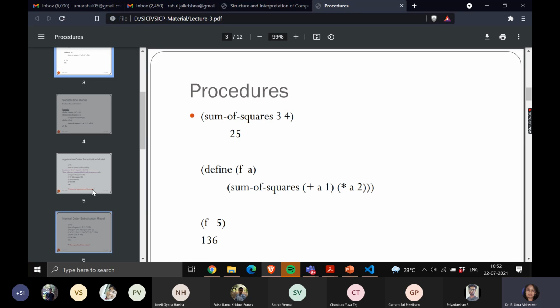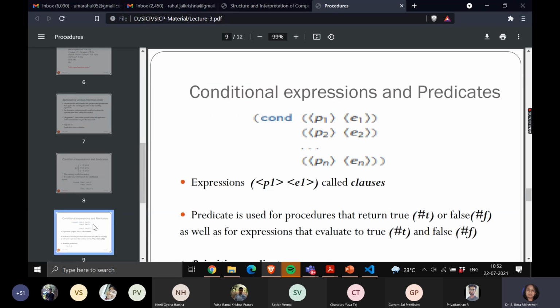In this way, we have built higher abstractions. So f is at a higher level of abstraction, which hides the details of sum of squares and square functions, right?